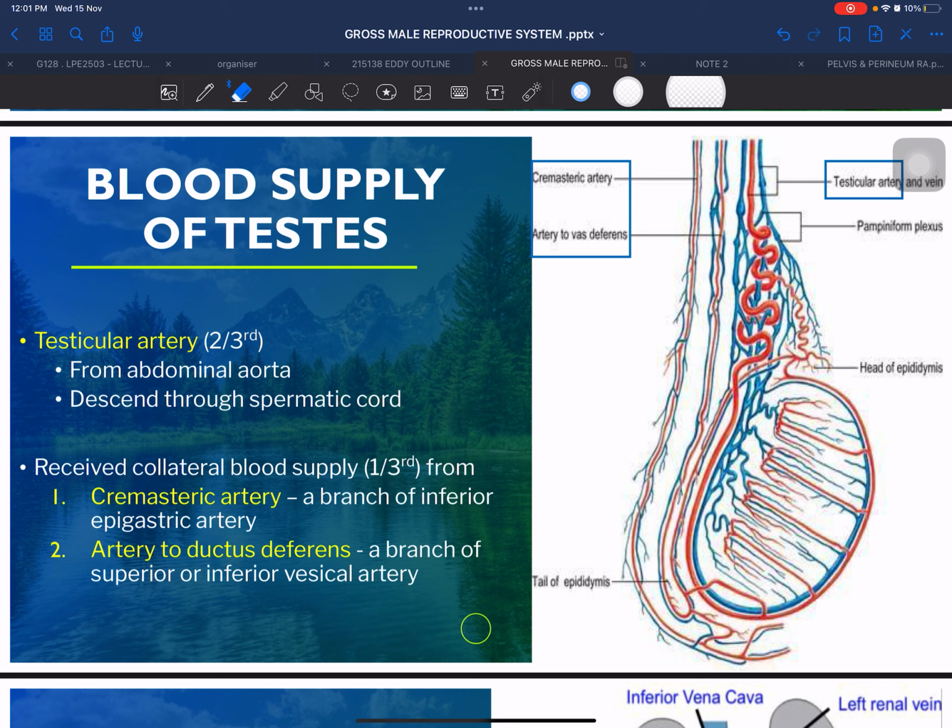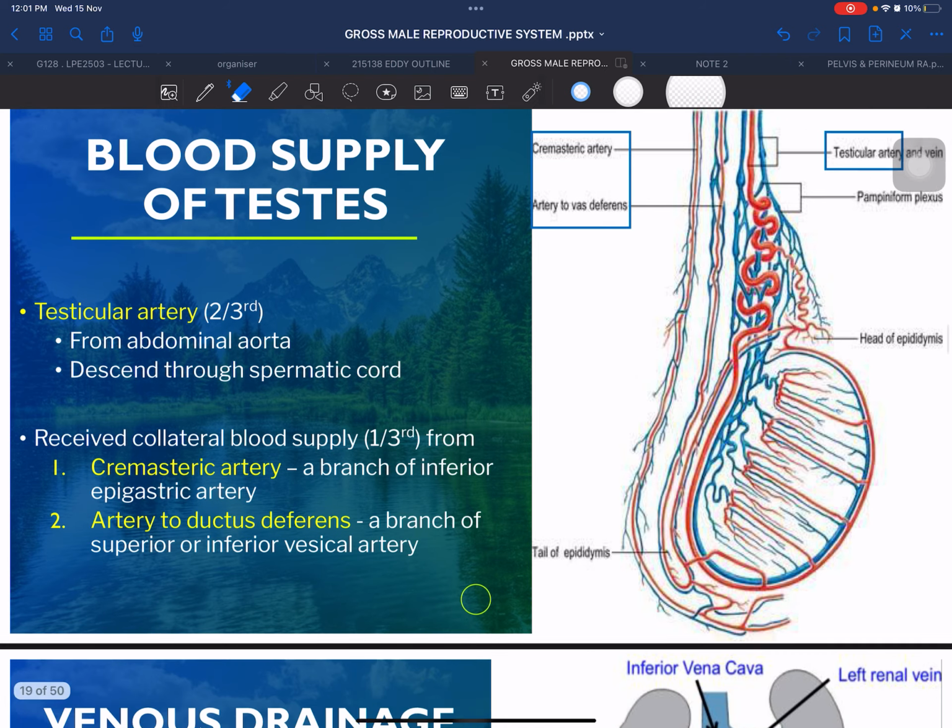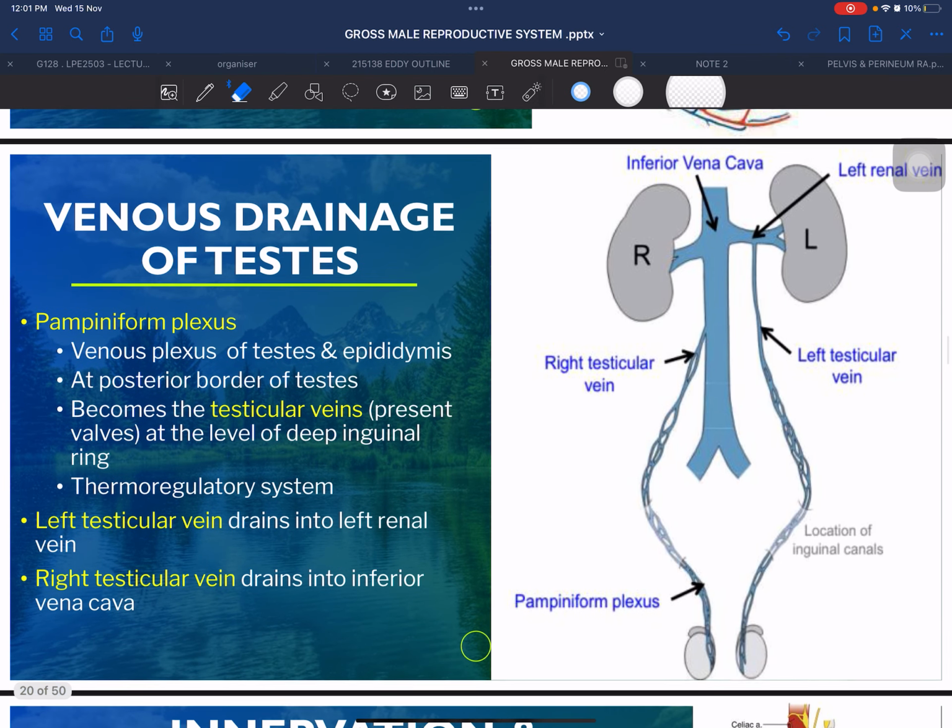Okay, the venous drainage, the pampiniform plexus, is a venous plexus of the testis and epididymis at the posterior border of the testis, and it becomes the testicular vein, with a valve at the deep inguinal ring. Meaning at the deep inguinal ring it becomes the testicular vein.